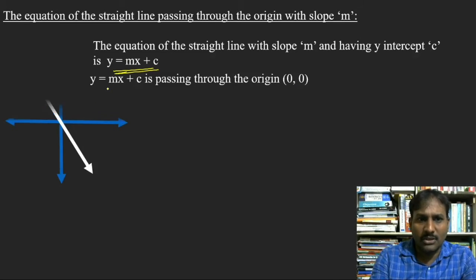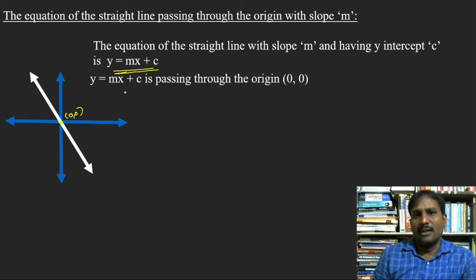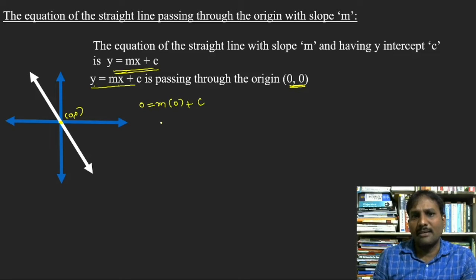Just substitute. This is the equation and it is passing through (0, 0). Substitute y is equal to 0 and x is equal to 0 in this. So what you will get? 0 is equal to m into 0 plus c, that is c is equal to 0.